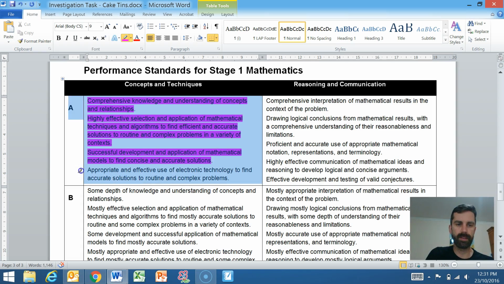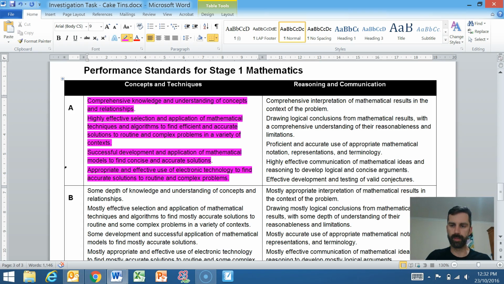The last one here is about using electronic technology. In this investigation, this is about solving the quadratic formula using electronic technology, which would be your graphics calculator. So this is really just about using your calculator properly in order to get the right answer. Now, this is all about the actual maths that you have to do.